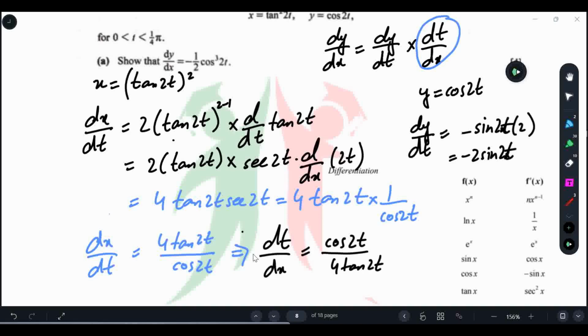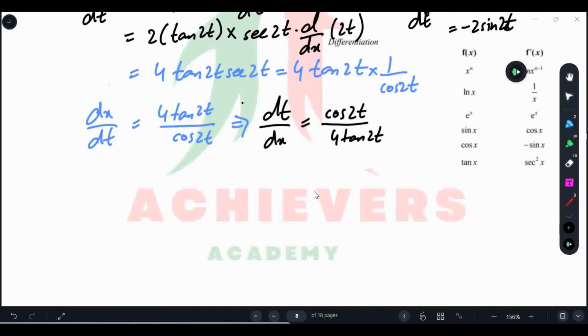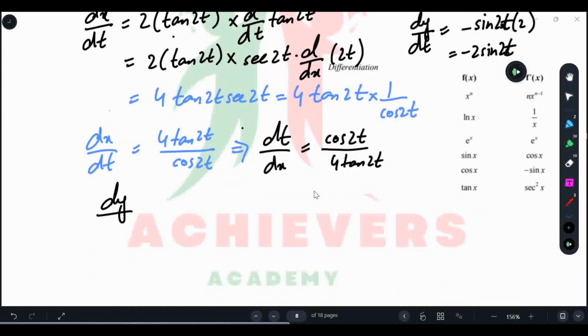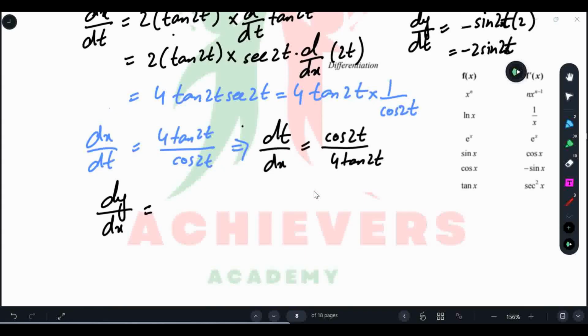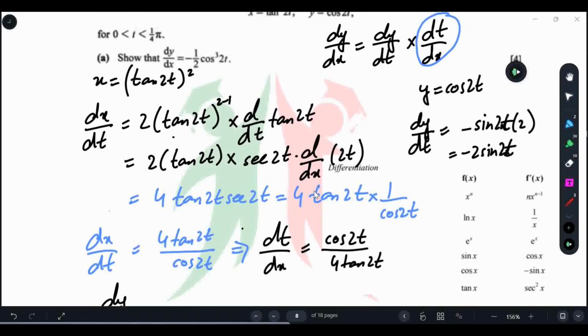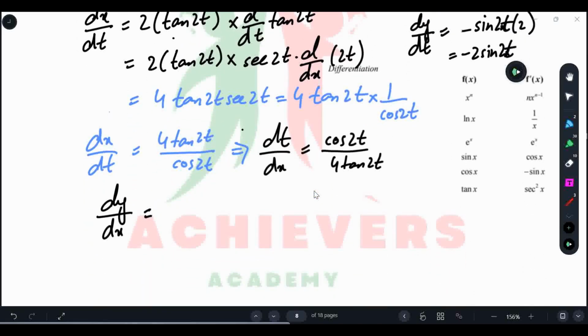Okay, now just put these two values in the chain rule. So dy by dx will be equal to dy by dt, which is minus 2 sine of 2t, multiplied by dt by dx, which is cos of 2t divided by 4 tan of 2t, and tan of 2t can be changed like this into sine over cos.